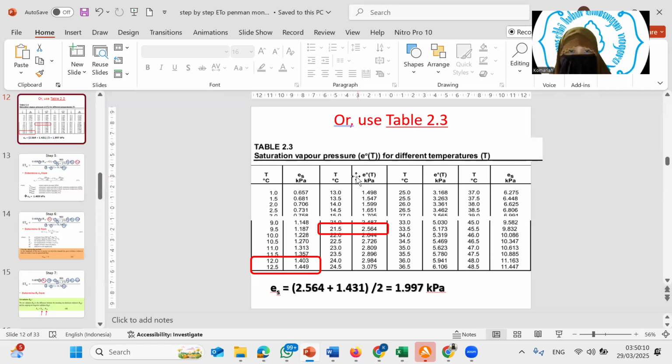So we got that the vapor pressure for 21.5 is 2.564. So after adding the numbers and dividing by 2, we got the ES is 1.7997.